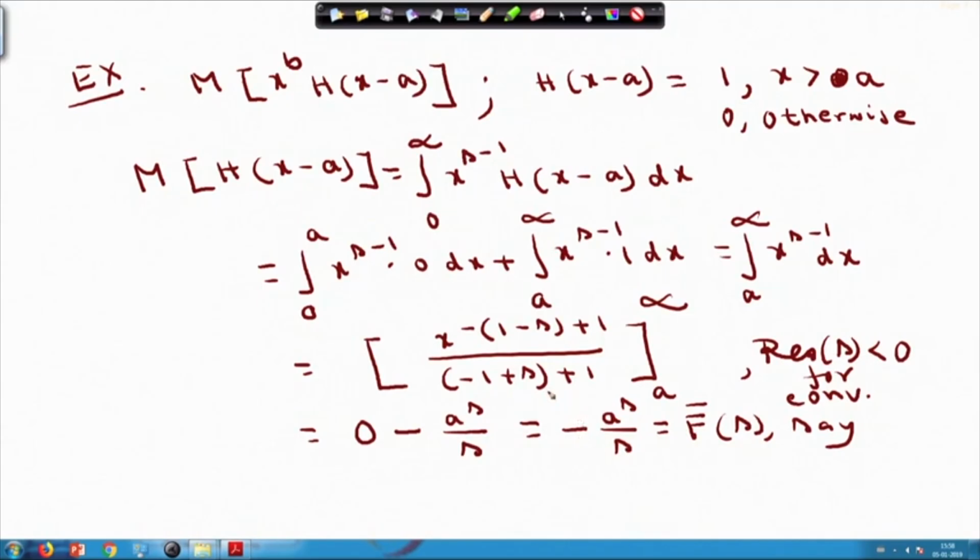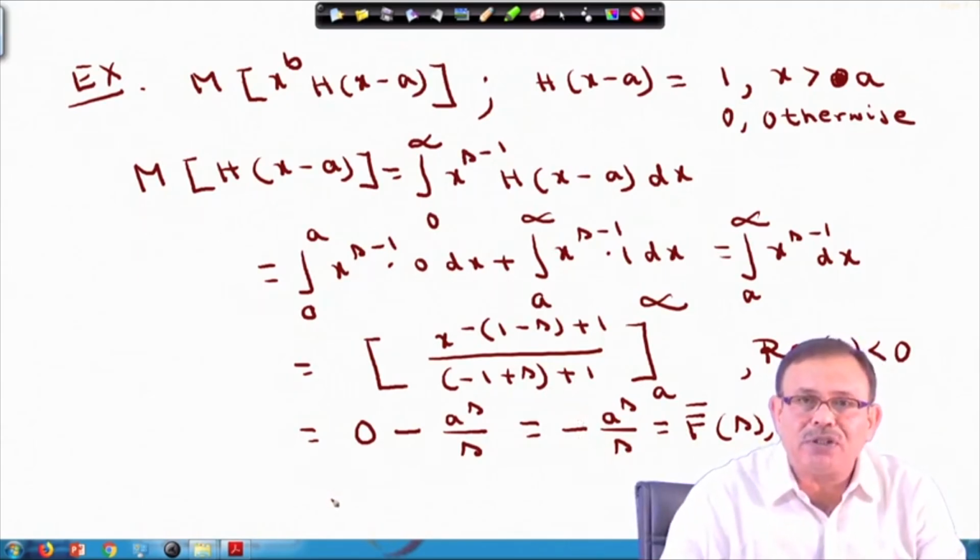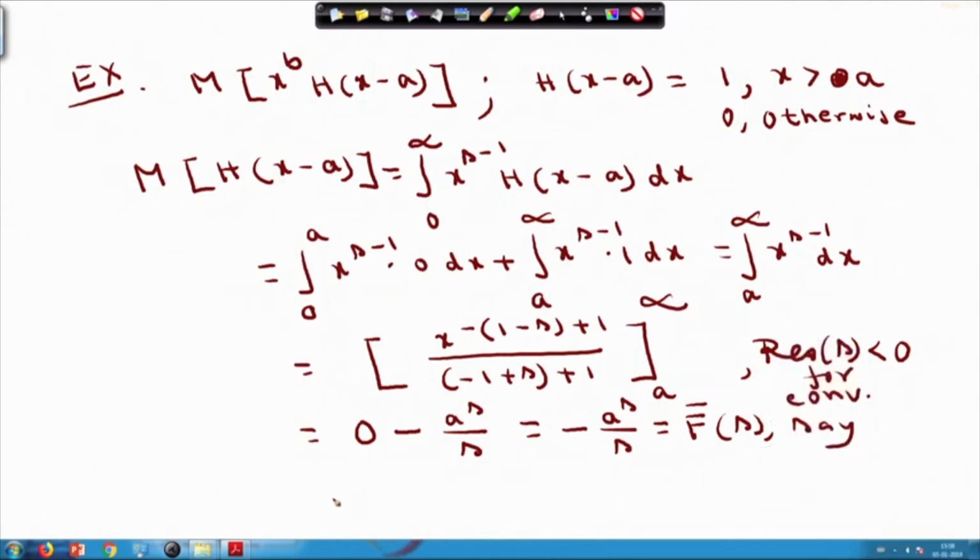So, for doing one problem, we also evaluated the Mellin transform of the Heaviside function, and this we are getting as minus a to the power s by s, which we assume equals f bar s.